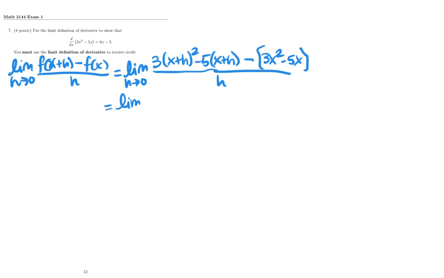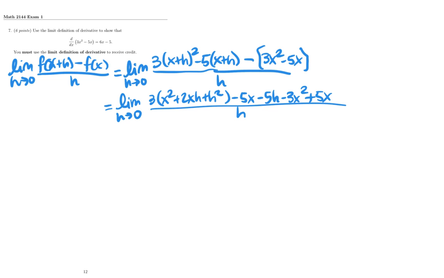So I'm just going to go ahead and do some algebra to reduce this down. So that's going to be 3 times, when I square that, the x plus h times x plus h, I multiply that all out, I'll get x squared plus 2xh plus h squared, minus 5x minus 5h. And then I'm going to distribute this minus sign, minus 3x squared plus 5x, all over h.